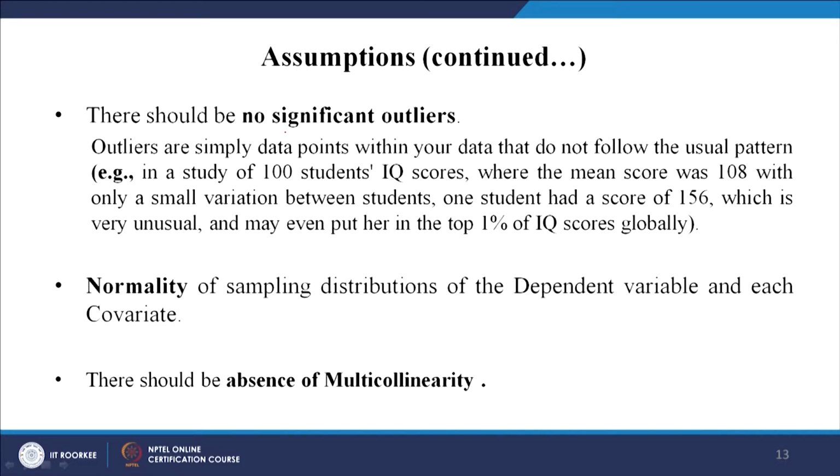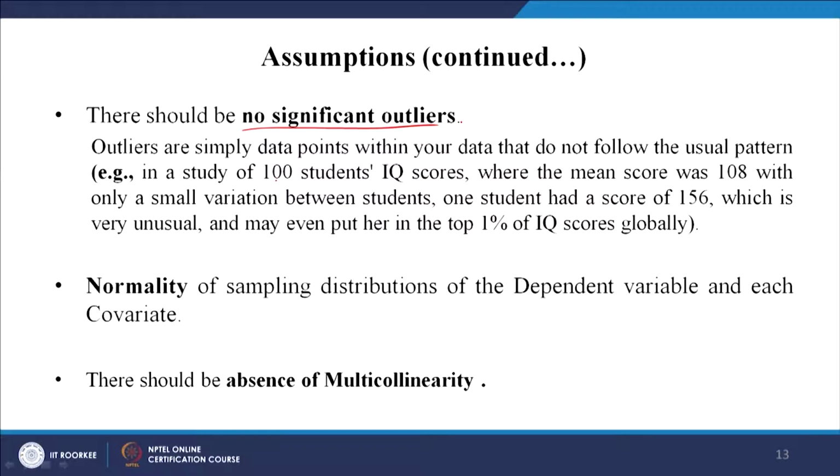Second, there should be no significant outliers. A slight difference is okay, but a significant outlier, too large or too small, can affect the results, because you remember these techniques are basically a test of means and proportions, so they get affected by the presence of an outlier. Outliers are simply data points within your data that do not follow the usual pattern.